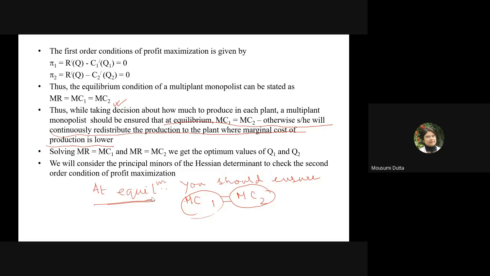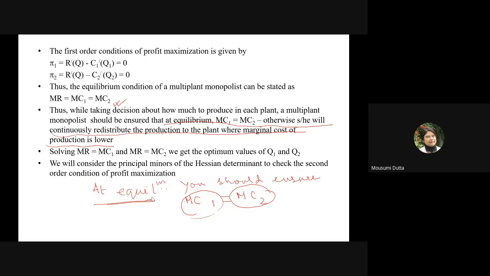If you find that incremental cost in plant 1 is lesser, you will redistribute your production. Or if you find that incremental cost in plant 2 is lesser compared to plant 1, you will not be able to reach equilibrium because you will continuously redistribute your output to plant 2. So as long as you cannot equate the incremental marginal cost among the plants, redistribution will take place. You are not at equilibrium.